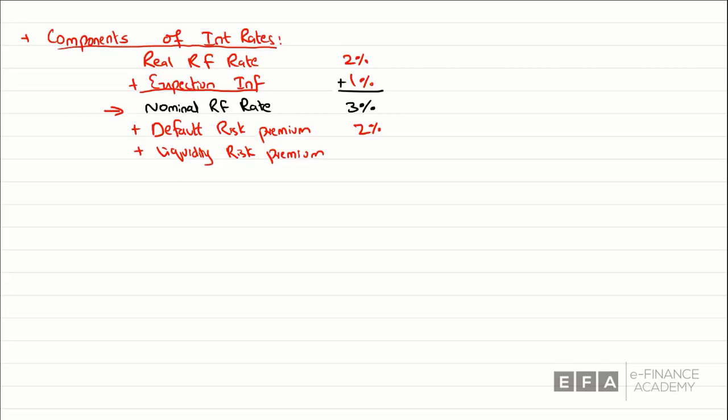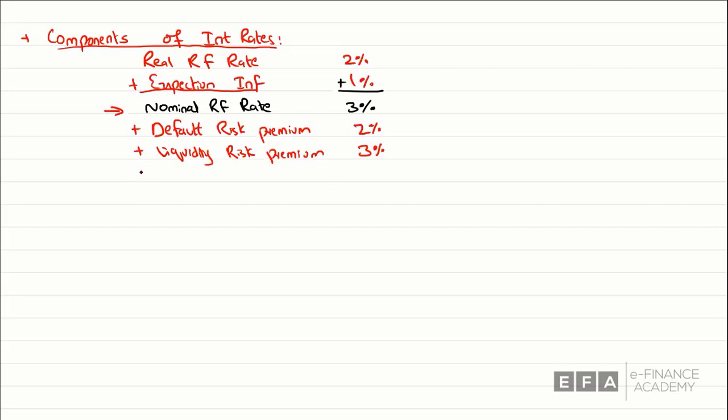So the property in a remote area will have more liquidity risk, and therefore you would demand a higher premium to compensate you for the price loss that would arise when you sell your investment. So let's say that is around 3%. So our investment is quite illiquid, meaning the liquidity risk is actually higher.